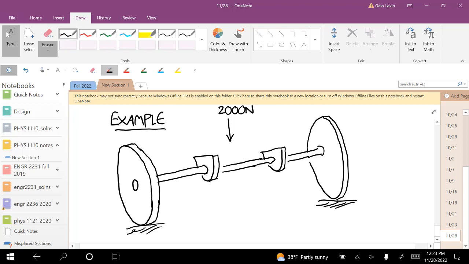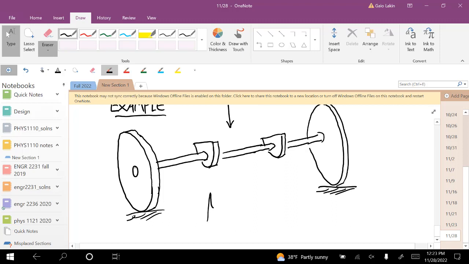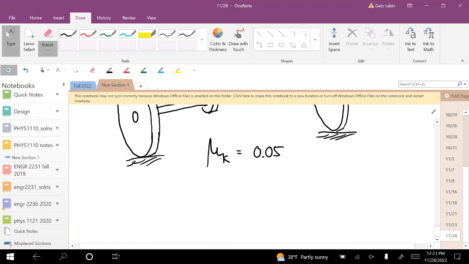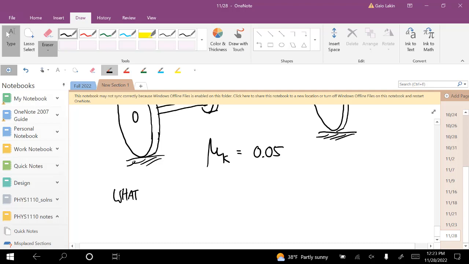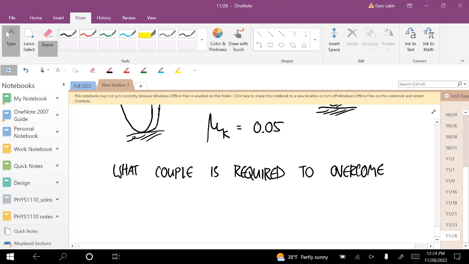And let's say that the friction, and I'll say kinetic friction, is 0.05. What couple is required to overcome the bearing friction and maintain a constant speed?